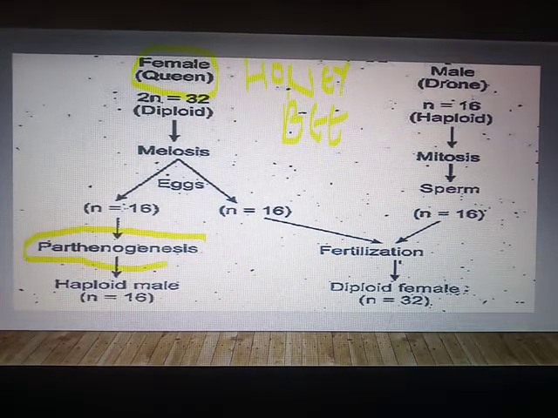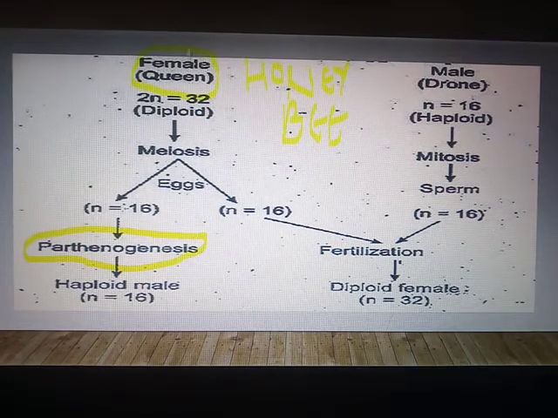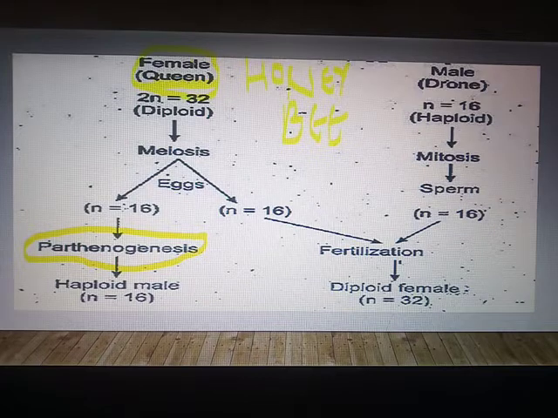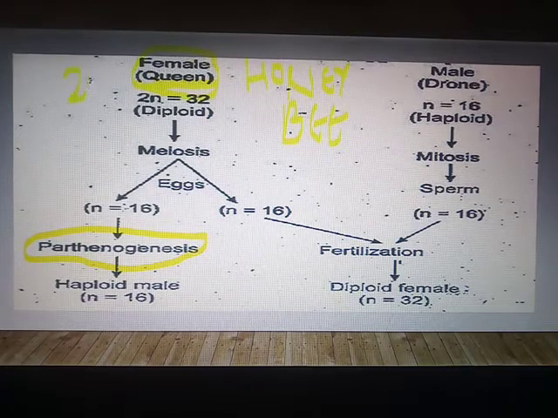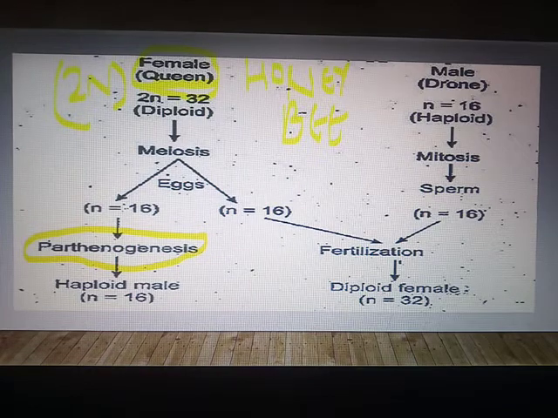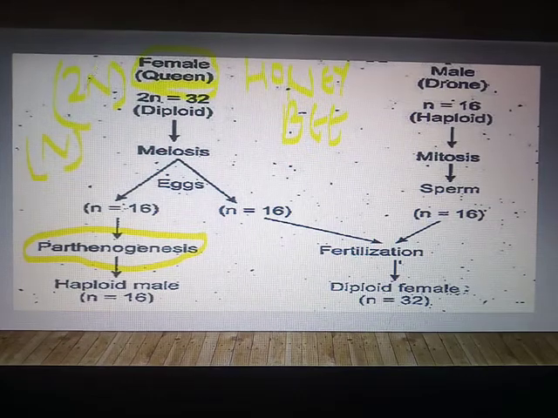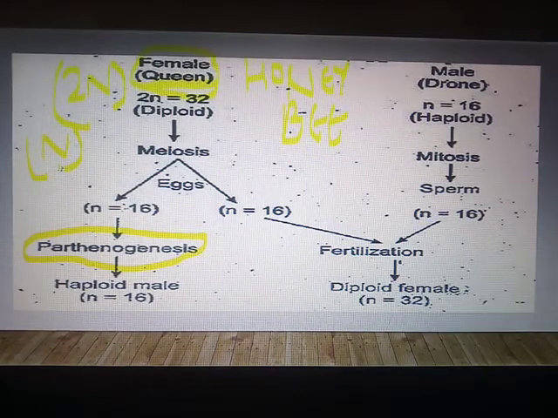We discuss it. Students, the queen of honeybees is female, that is 2n, and males are single N. Means the female honeybee is diploid and male honeybee is haploid.